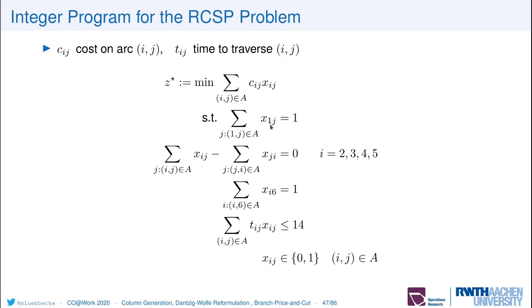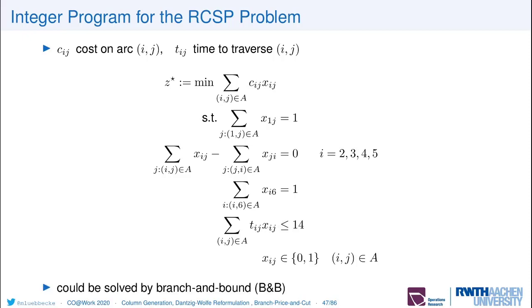I will send 1 unit of flow starting in vertex 1, and I will receive 1 unit of flow in the target vertex 6. For all the other vertices, I have flow conservation. This gives me sending 1 unit of flow from the source to the target node at minimum cost. The additional constraint is the resource constraint, summing the time it needs to traverse the entire path, and that should not exceed 14.